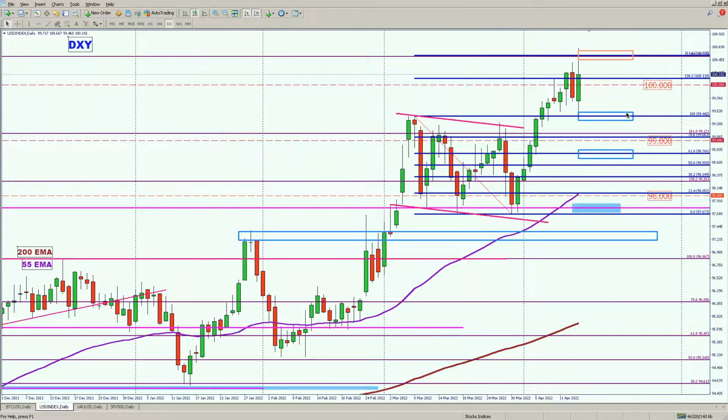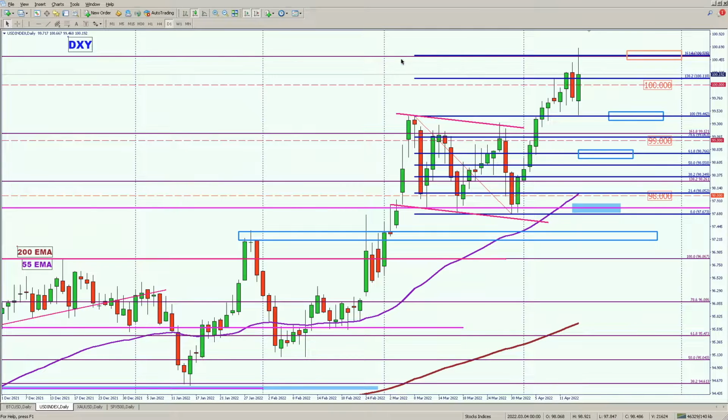And it went to test the lows and the resistance level. It did hit that 162 extension, and in fact, it spiked through that, went up to a high of 100.67.